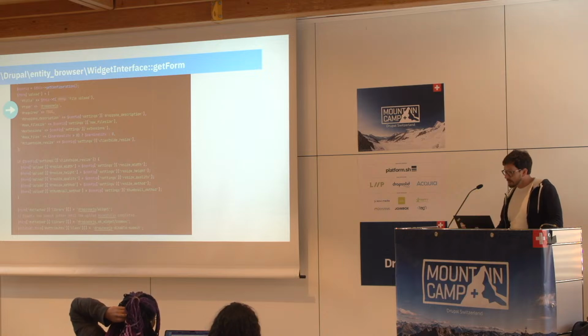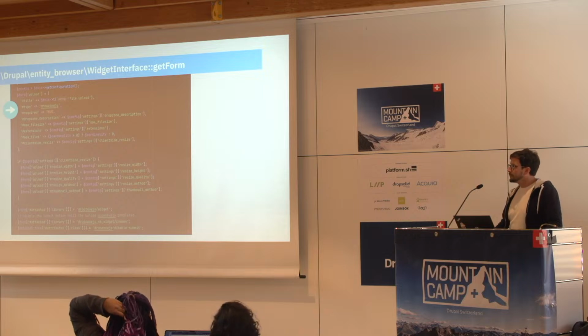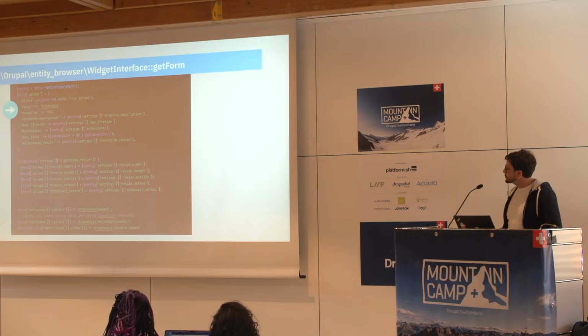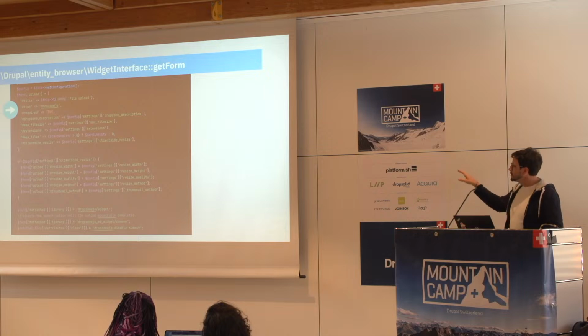In this case, we have a drop zone widget because here we just use the drop zone JS element. There is actually not much we do here. We just say, okay, use this element. This is the configuration, and we pass that to Entity Browser, and most of the work is done.